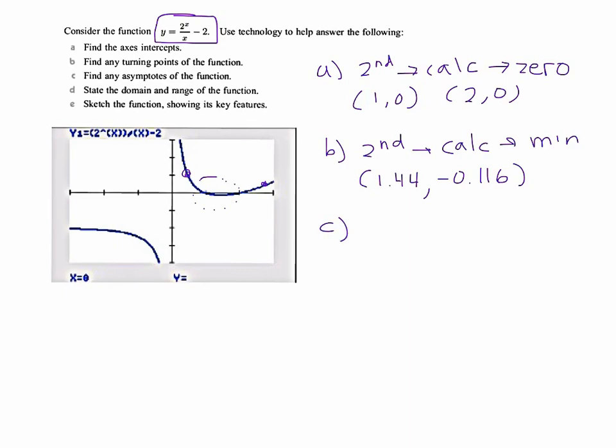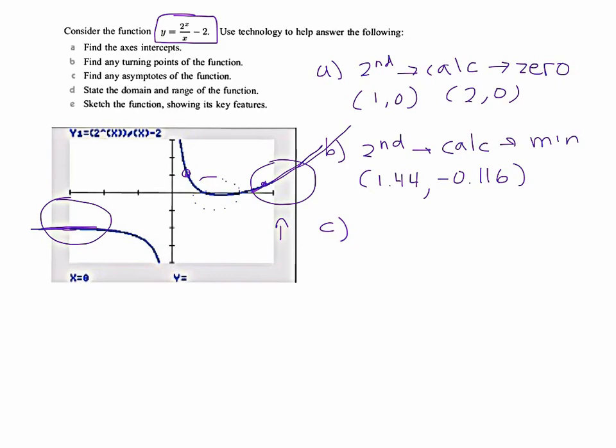Oftentimes we can expand the window size, so instead of making it this zoomed in, we can zoom it out a little bit and see what happens to the left side and then the right side of the values. Once you do that, it looks like on the right side it's always increasing, so there are going to be no asymptotes on that side. On the left side, it gets closer and closer to one value, and we don't know for sure.